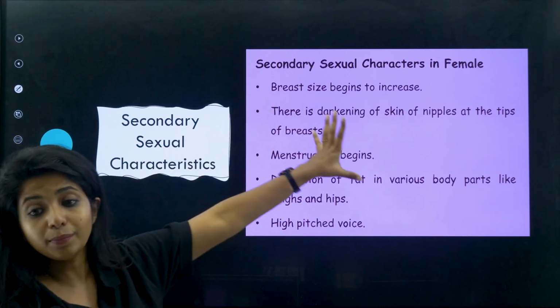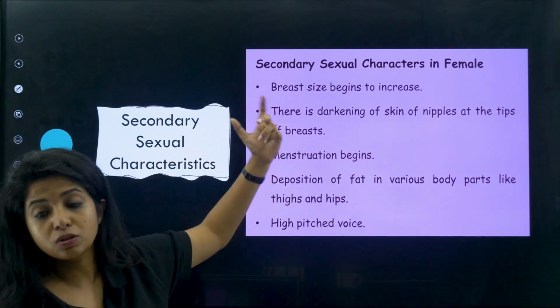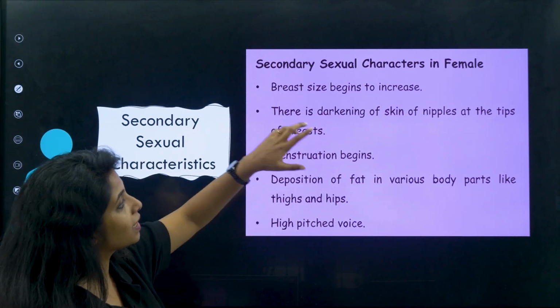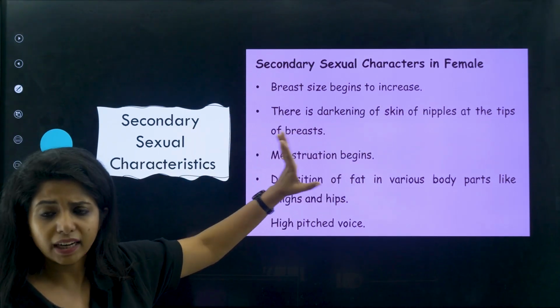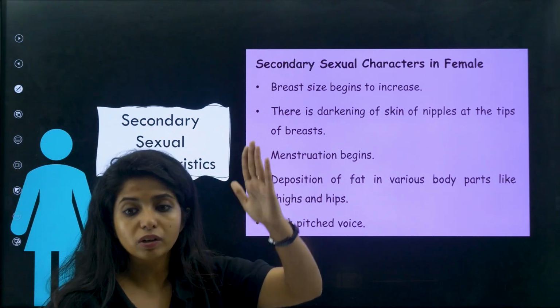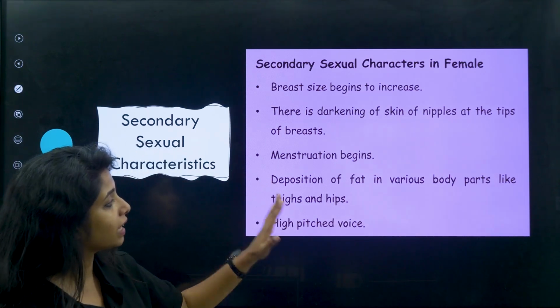When you talk about females, the breast size begins to increase. There will be darkening of the skin of the nipples at the tip of the breast. Menstruation begins. You will start to menstruate, and blood will be shed every month. There is deposition of fat in body parts like thighs and hips.